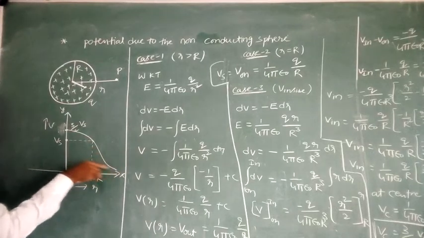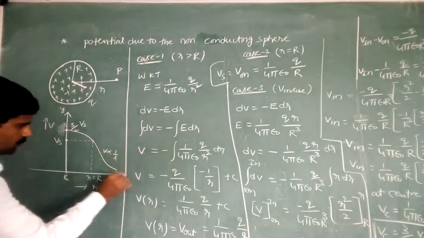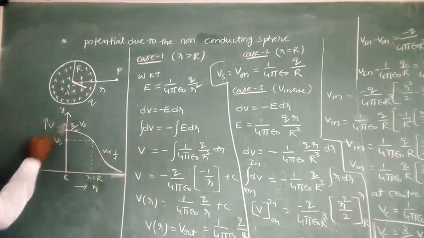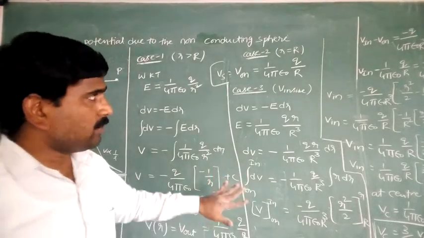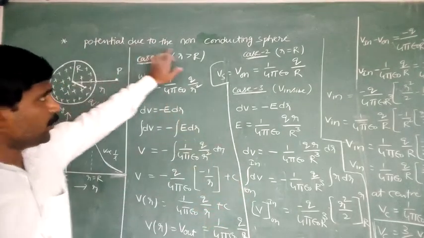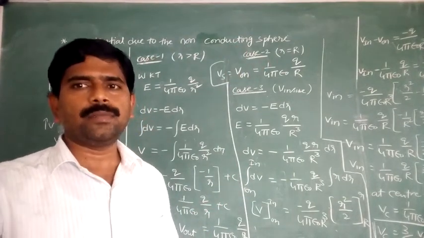With respect to the distance, the potential decreases inversely proportionally, like a bell shape. So this is regarding the potential due to the non-conducting sphere.